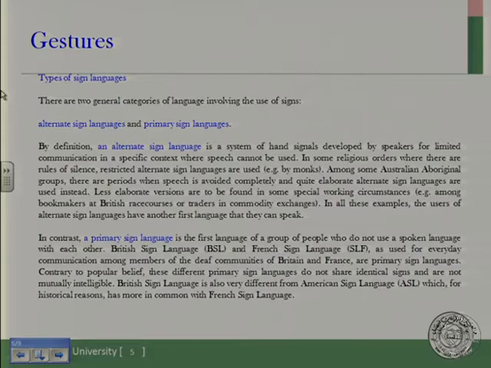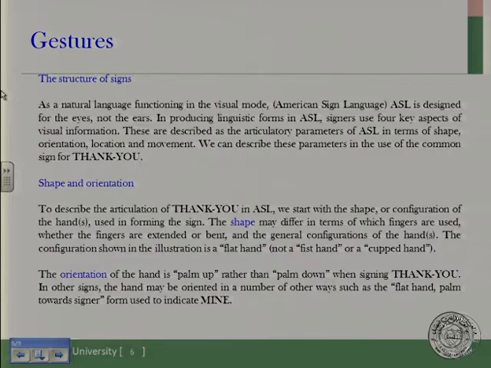Contrary to popular belief, these different primary sign languages do not share identical signs and are not mutually intelligible. Now, British Sign Language is also very different from American Sign Language, ASL, which for historical reasons has more in common with French Sign Language.